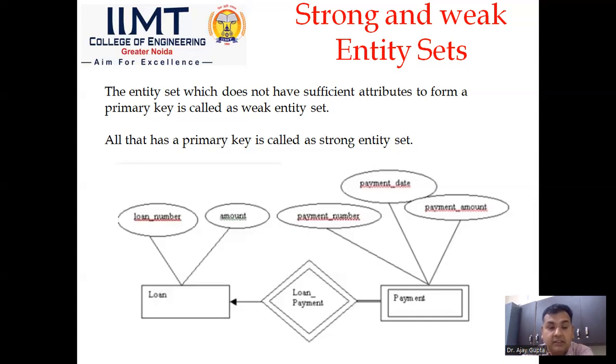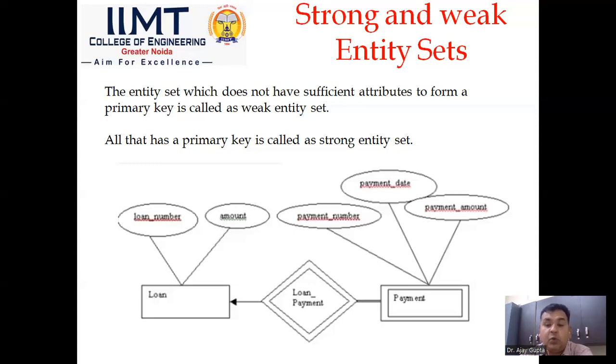Let's understand what it means. If a customer A has taken two loans, one is home loan for 20 years and one is car loan for 5 years, so he has to pay back his loan in terms of EMI. So for 20 years, how many EMI?